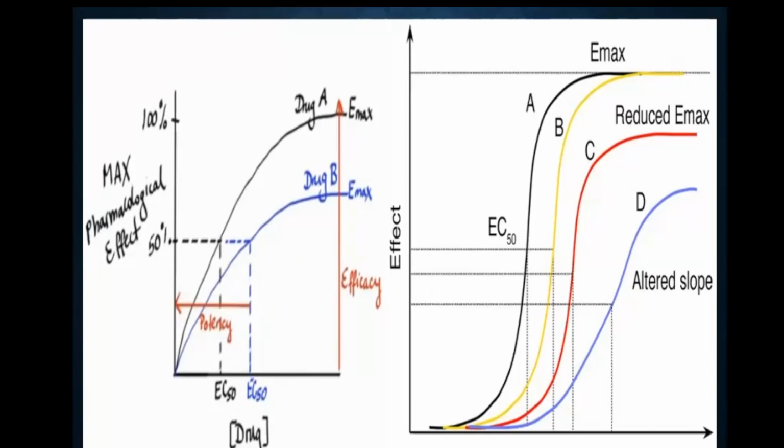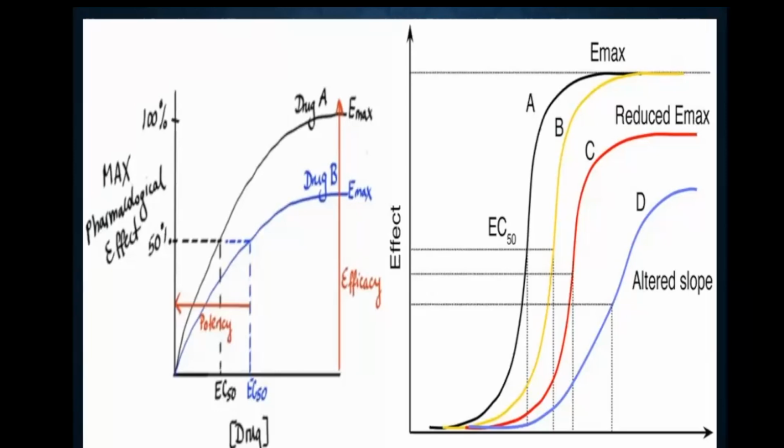We can say the same thing here. As a drug is less potent, the curve will move towards your right side. If it's a full agonist but less potent, it will eventually reach the 100% pharmacological effect, but it will need a higher drug concentration.